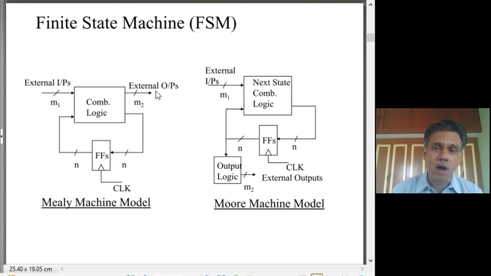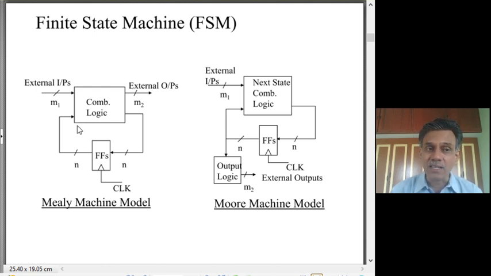If the outputs actively depend upon the input as well as the present state, then this representation is more apt, because it tells that the external output is dependent upon the present external input as well as the present state, while the next state is obviously dependent upon the current state as well as the current input.